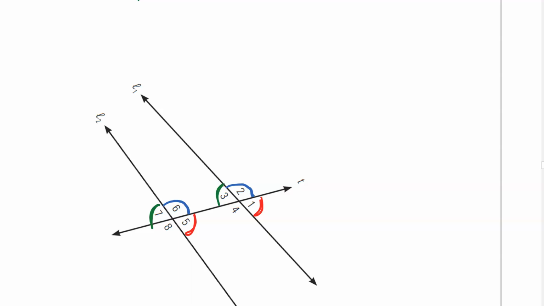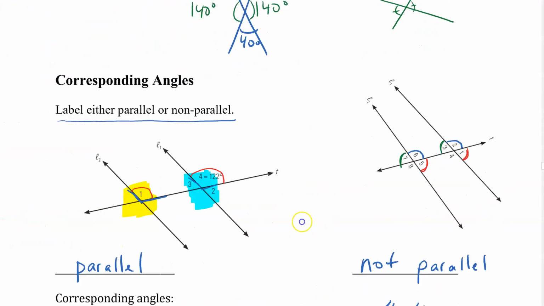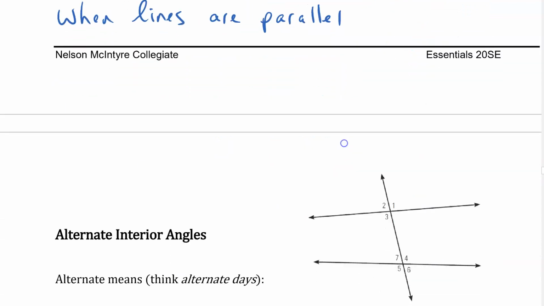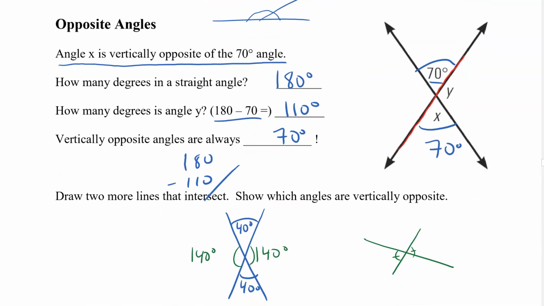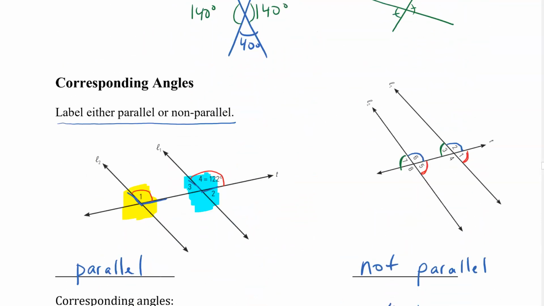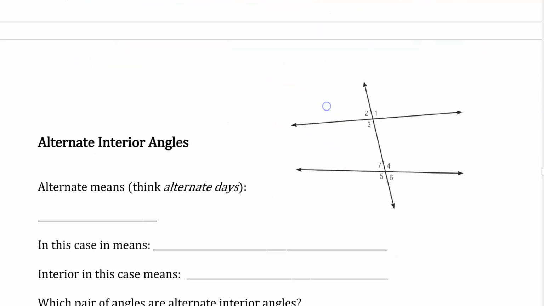If the lines were parallel, then the corresponding angles would be equal. Okay, so now we've covered two of the things. I'm just going to back up. We've covered opposite angles are equal, and when the lines are parallel, corresponding angles are equal. Okay, so we've learned a couple things about angles.